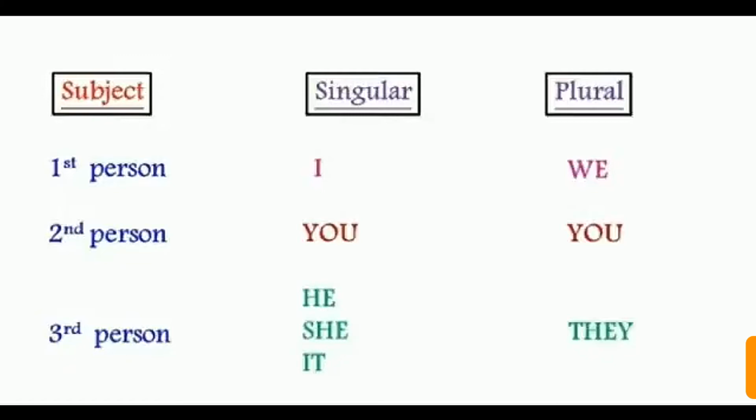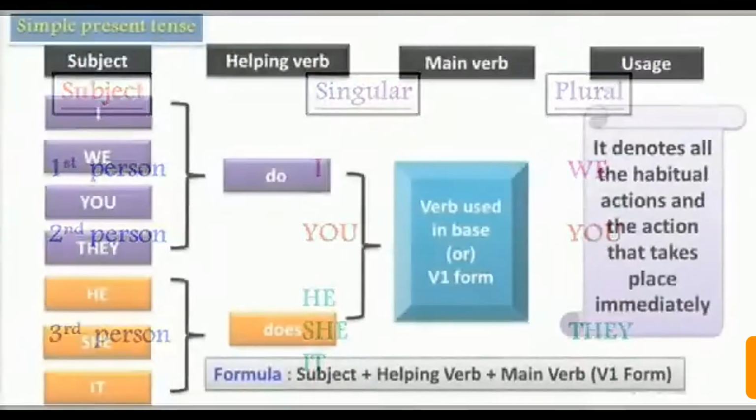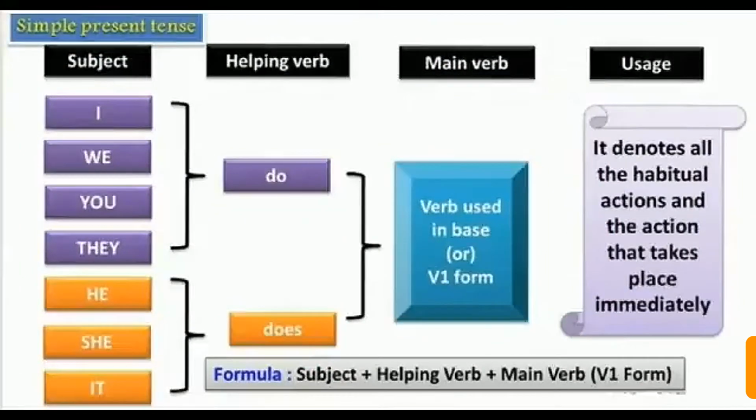So these are the three persons that we will discuss in the rules of tenses, so be careful about them. When I say along with any tense that first person plus this, second person plus this, then don't get confused. Okay, now let us discuss the simple present tense.